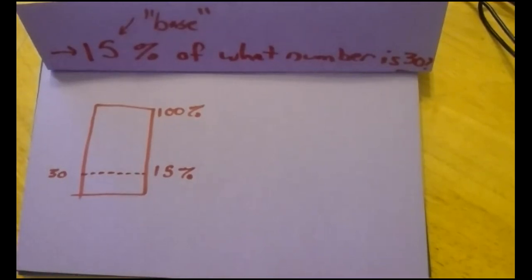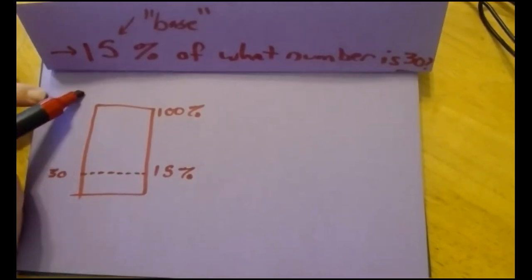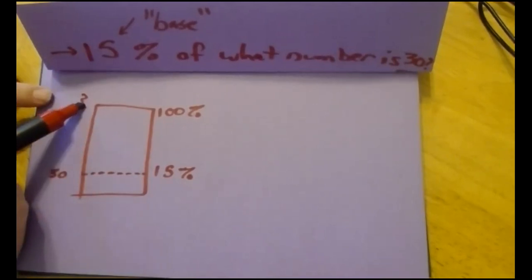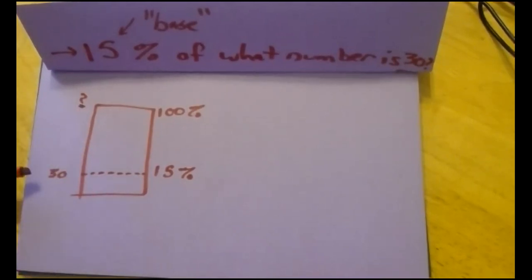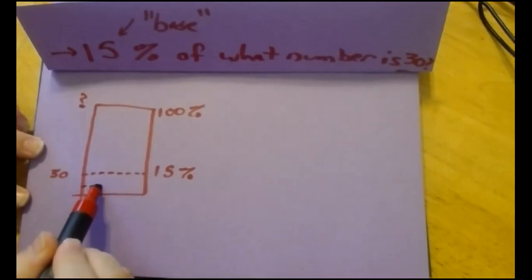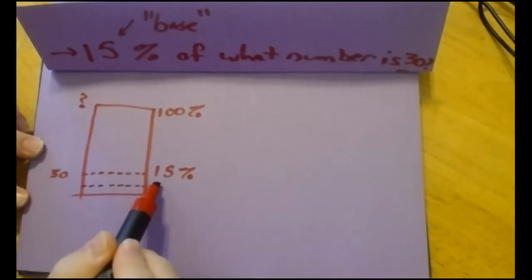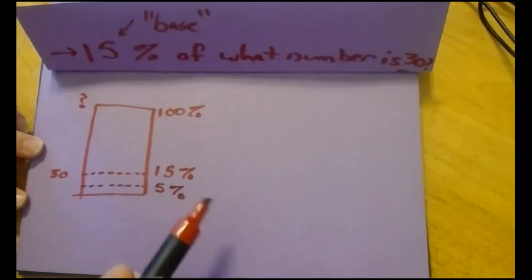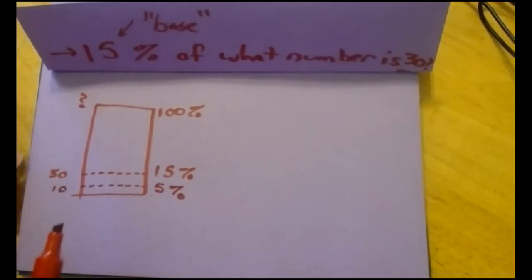Now, you could go in a lot of different directions to try to figure out what this is right here. Maybe you can get this if you first add it on twice and get to 90. And then maybe you could find 10% of it and multiply it by 10. There's a lot of ways. I'm going to think right now about 5%. And 5% ought to be 10, right? Why would I think of 5%?